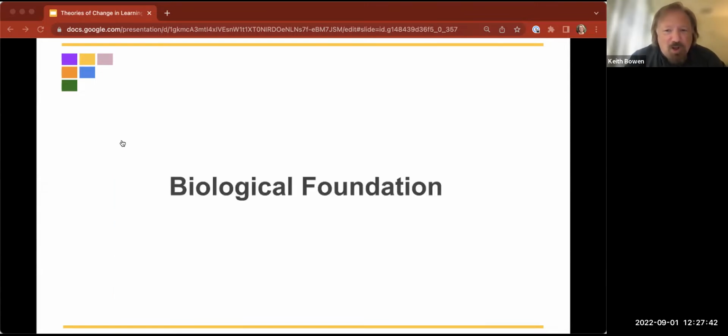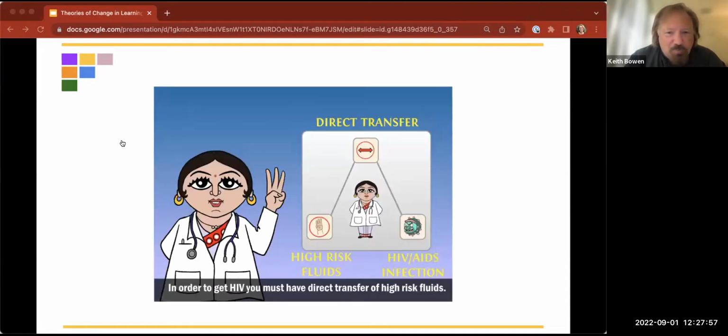Instead of focusing on questions of morality, they found it more productive to center the content on a straightforward biological foundation. They kept it calm and clinical, as shown here. They also used relatable characters.